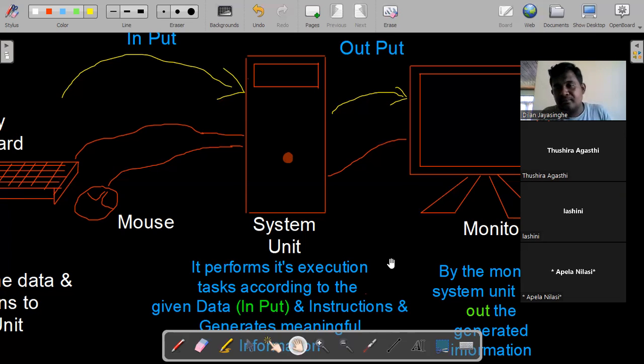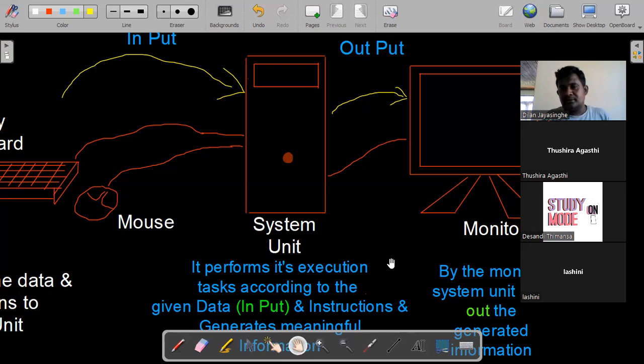What are they? Input, process, and output, right?